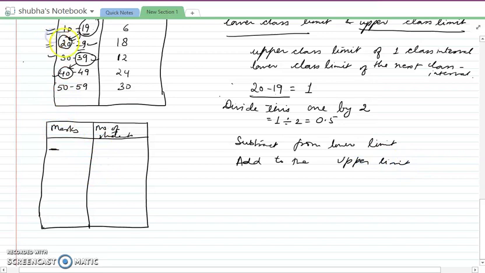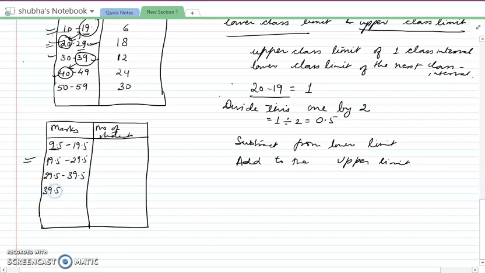Now 10 minus 0.5 is 9.5. 19 plus 0.5 is 19.5. 20 minus 0.5 is 19.5. 29 plus 0.5 is 29.5. From the lower limit we are subtracting, for the upper limit we are adding. Likewise, 30 minus 0.5 is 29.5. 39 plus 0.5 is 39.5.